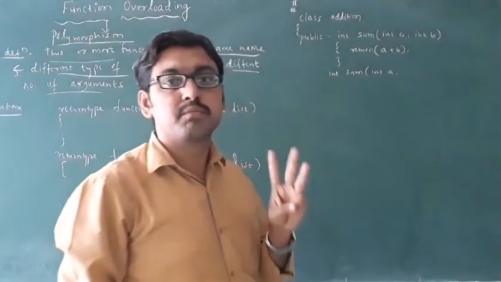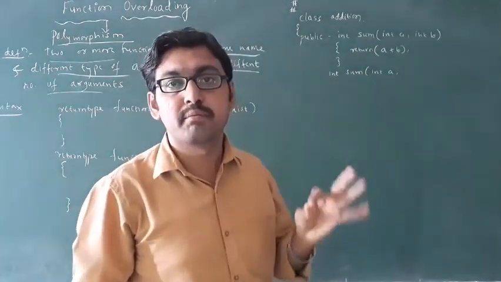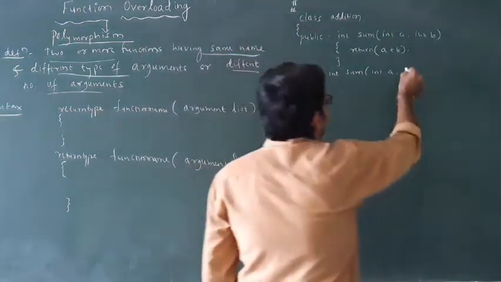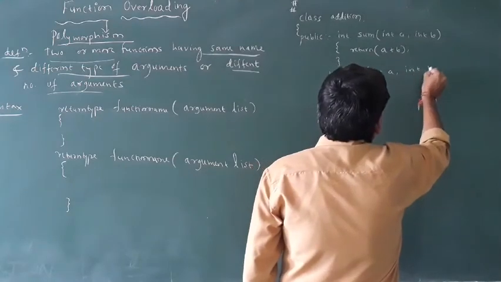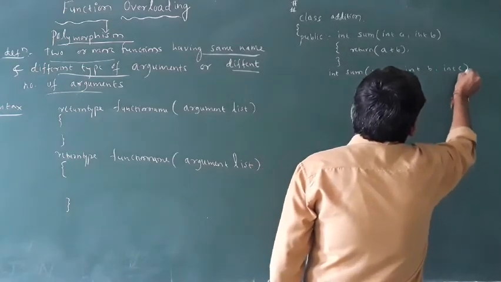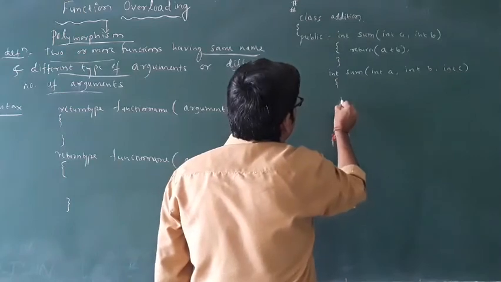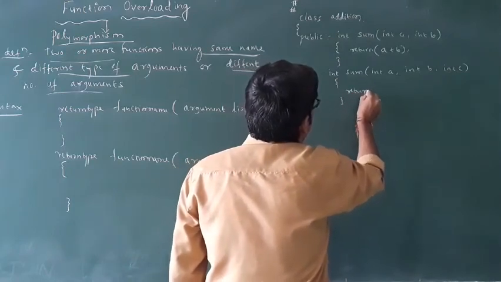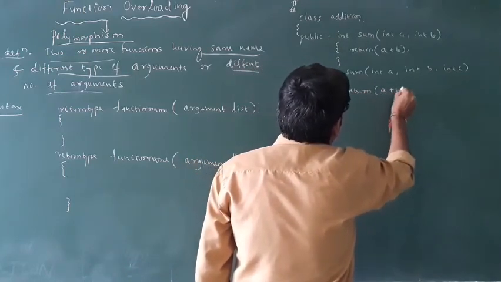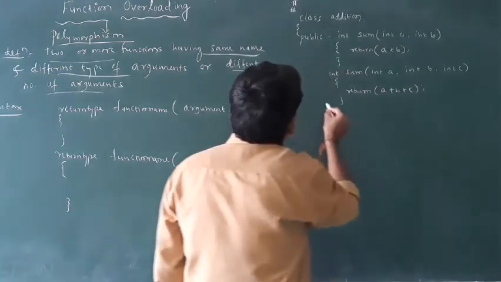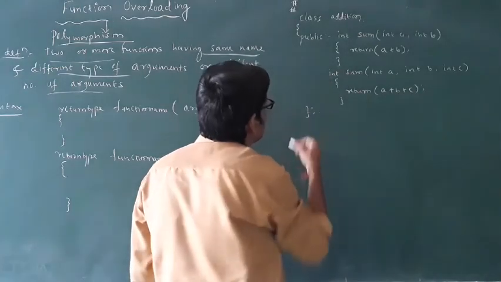For addition of three numbers we want three arguments a, b, c. Now I am taking return a plus b plus c. Then I am closing the class.